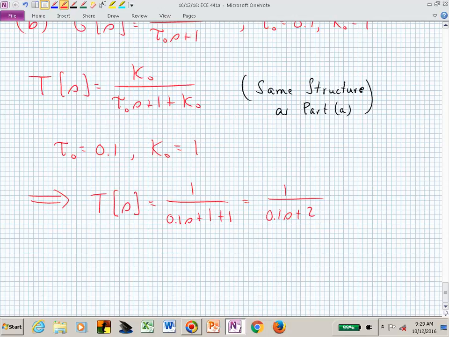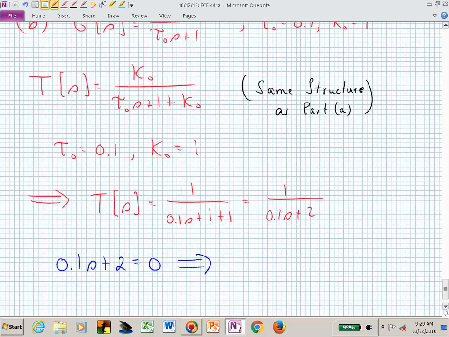In this case, we only have 1 pole, and we can now solve for that. We now have 0.1s plus 2 equals 0, and this is why you took 3 semesters of calculus and differential equations, so you can solve this first-order linear equation. Don't tell your mom and dad that. They'll be upset.